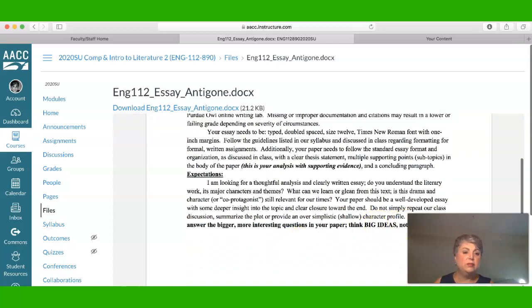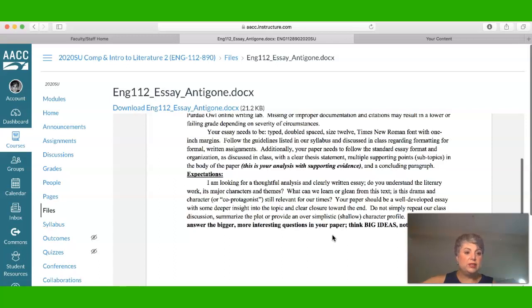And then finally, in bold at the bottom, you must answer the bigger, more interesting questions in your paper. Think big ideas, not plot summary. So this is an analytical paper. It is objective. It is formal. Please avoid using first person, I think, I feel, I believe. Just remove that and make a direct statement, okay?